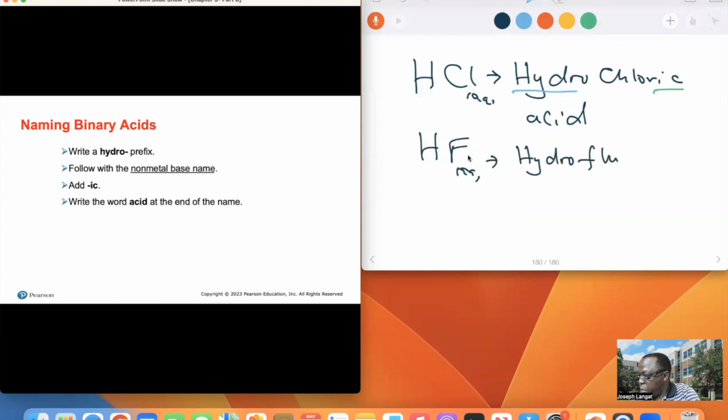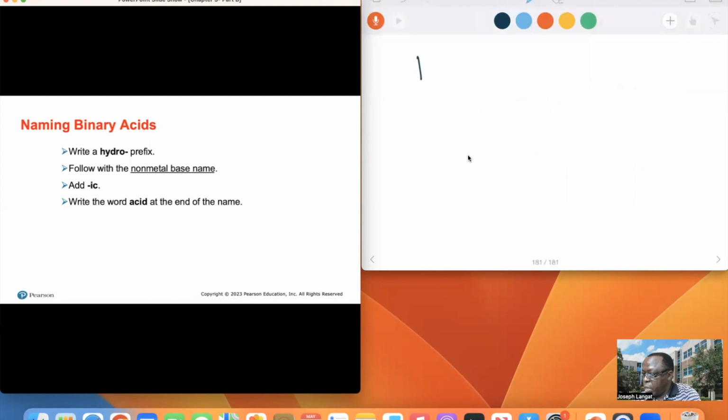And by the way, you should use correct spelling. Hydrofluoric acid. HI, and then aqueous. This is hydroiodic acid. HBr, aqueous.